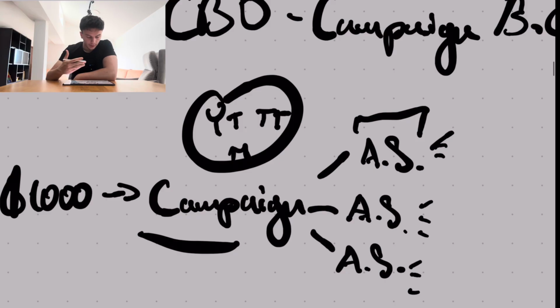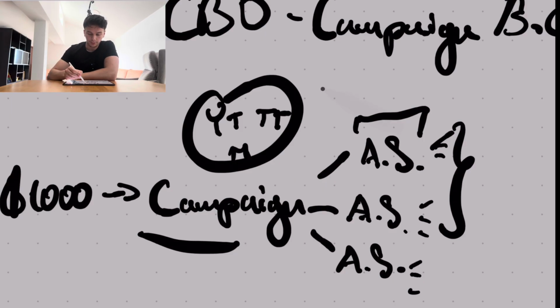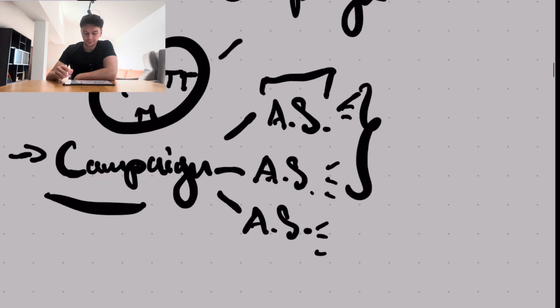So if we're spending $1,000, and taking the same scenario where these two don't work, the platform would notice that, and would not distribute as much money to them as to the winning one. That's the biggest advantage of CBO: you don't have to think about whether an ad set is good or not, you just let Facebook, TikTok, YouTube decide.